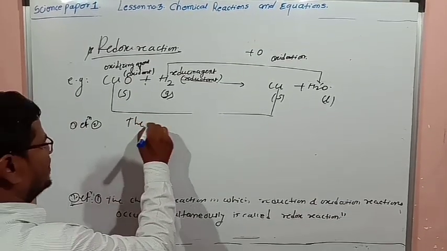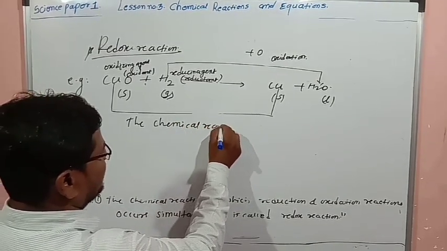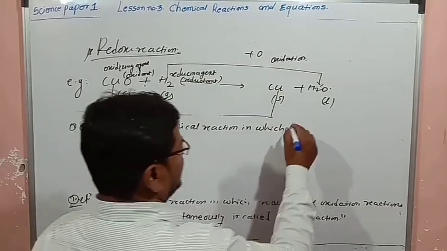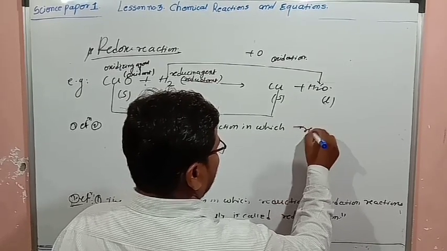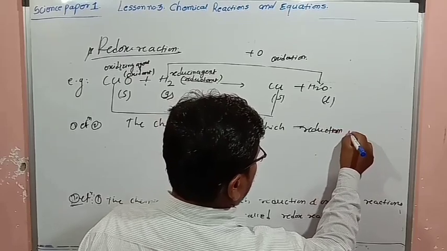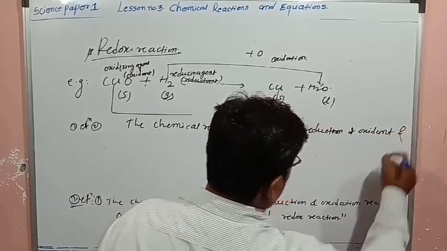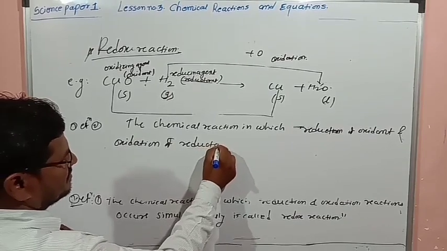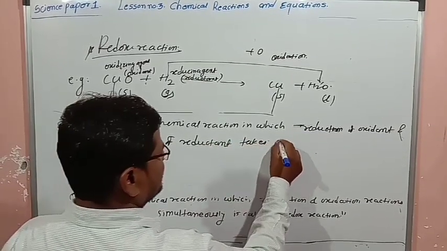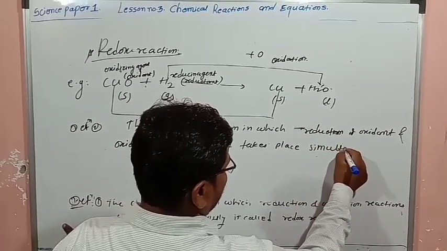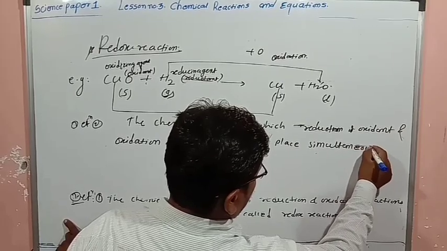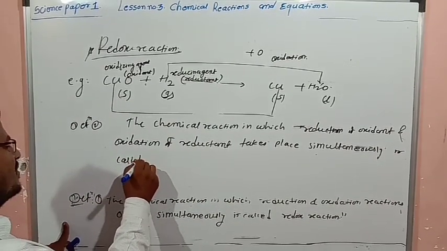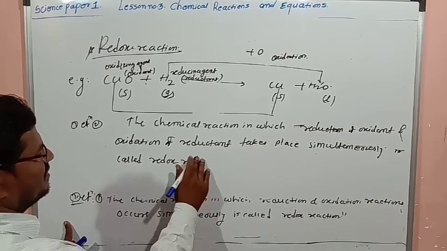The chemical reaction in which reduction of the oxidant and oxidation of the reductant take place simultaneously is called a redox reaction.